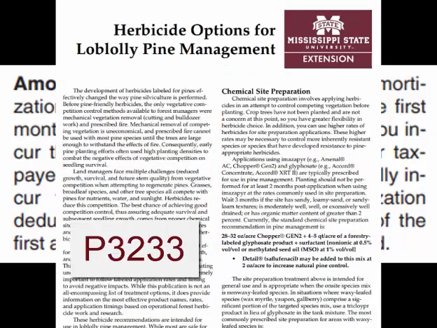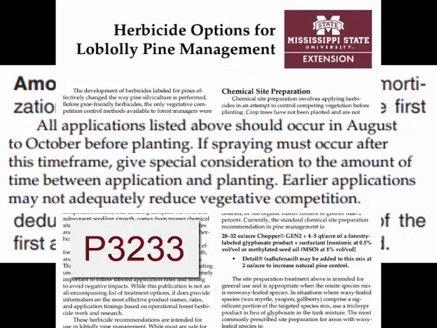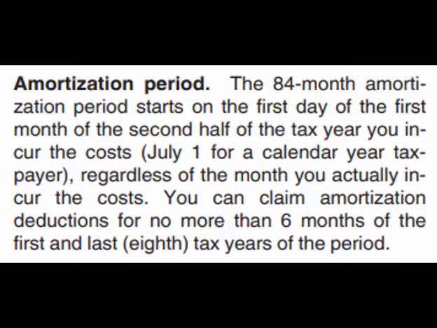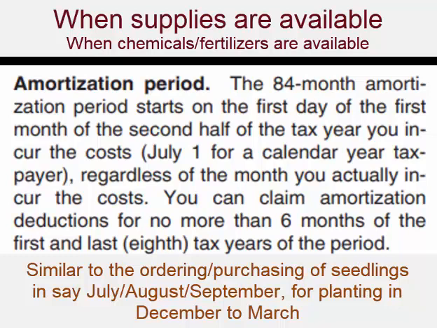Others recommend doing chemical site preparation treatments, or applications you could say, in July, August, September. I also selected to do the chemical site preparation treatment in June because often you have to do treatments or applications or operations when contractors, applicators, vendors are available. And sometimes these folks are not available at the exact time that you want.